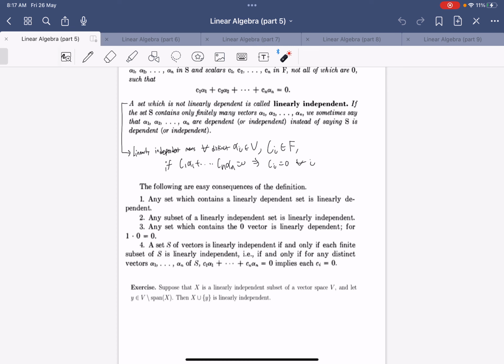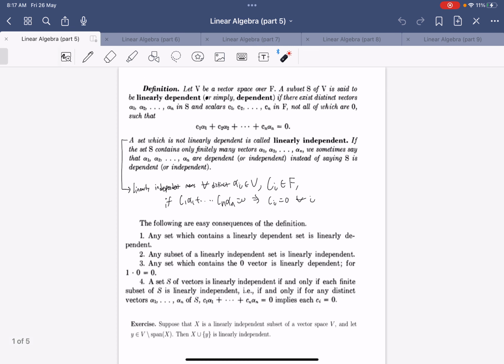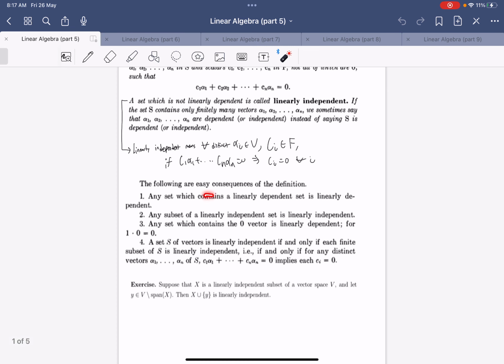A few consequences of this definition are that any set which contains a linearly dependent set would also be linearly dependent. Imagine you have a bigger set, where this part is already linearly dependent.